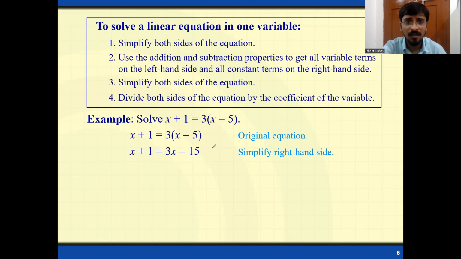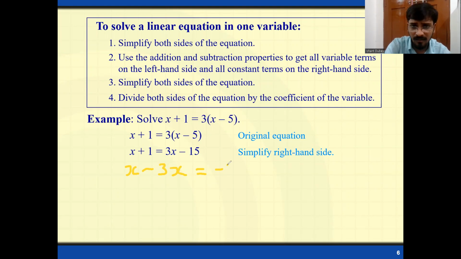Now what you have to do is take the variable terms on one side and the constant terms on the other side. You have x on the left, and on the right-hand side you have 3x, a variable. So the 3x will come to the left-hand side as minus 3x. Or you can subtract 3x from both sides.